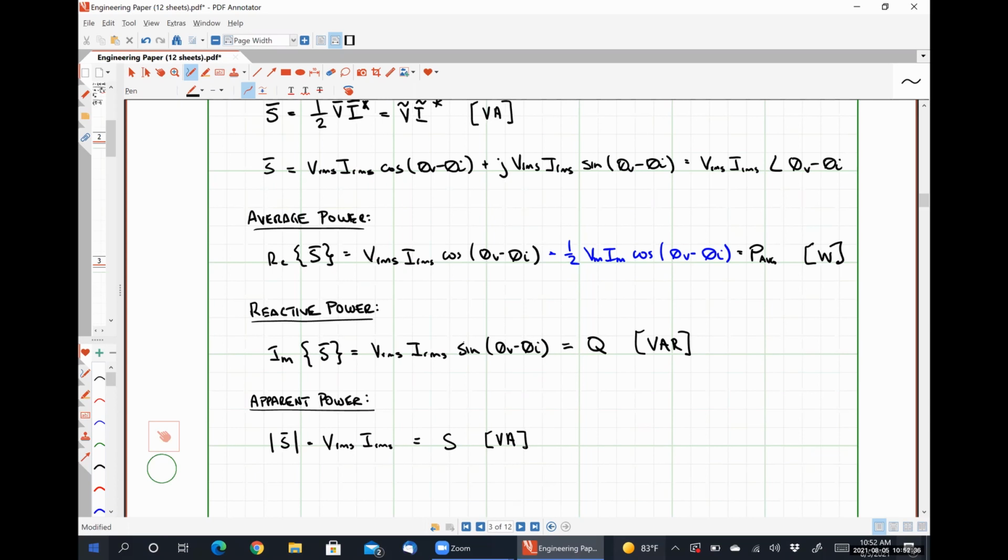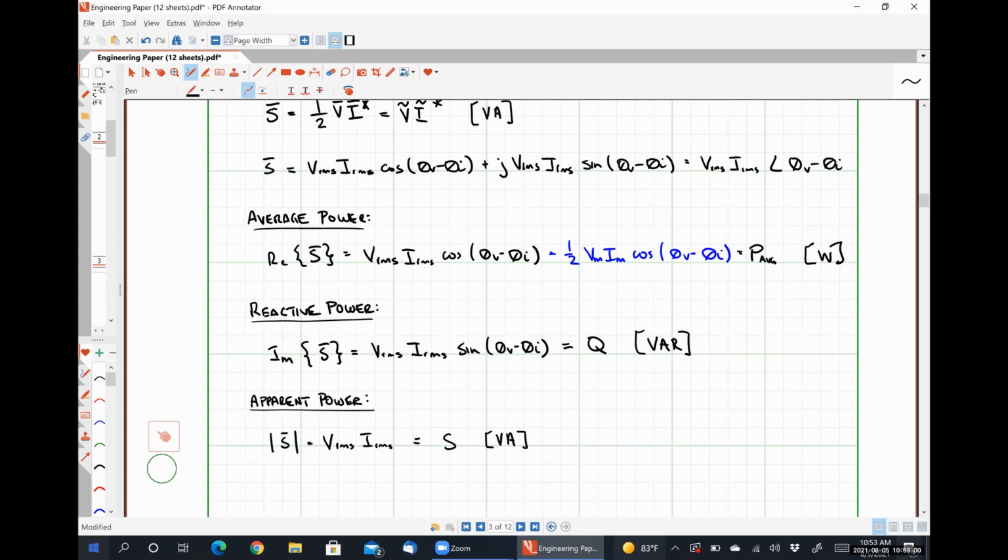So typically speaking, if somebody's talking about, oh, this thing absorbs 7,500 VA, they're talking about the apparent power because they're not giving you any indication as to what the angle is, okay? Apparent power is a very important quantity because that's what power engineers design to, okay?